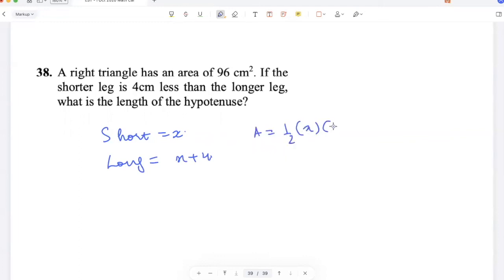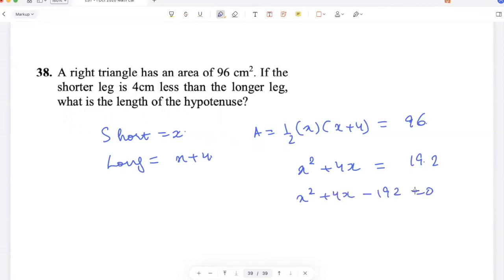So half x into x plus 4. And that's 96. So, right. So x squared plus 4x is 2 carry 1, 192. So x squared plus 4x minus 192 is 0.